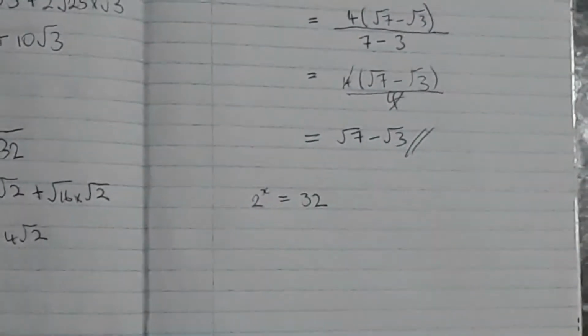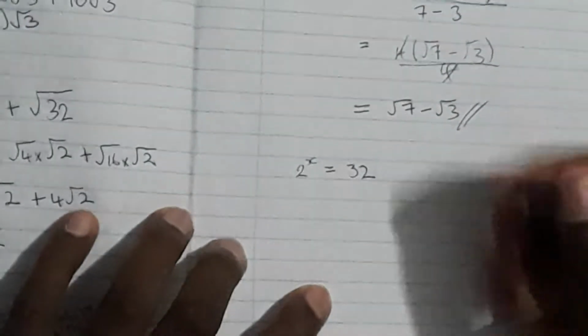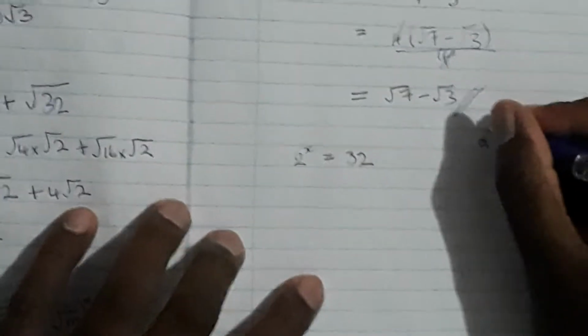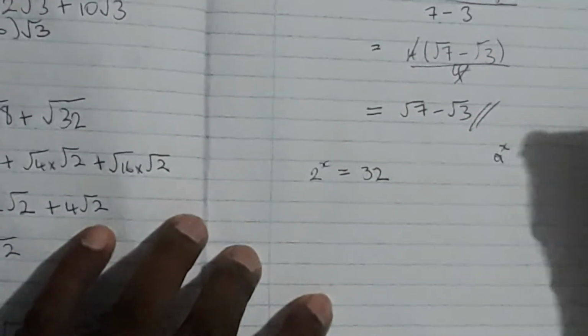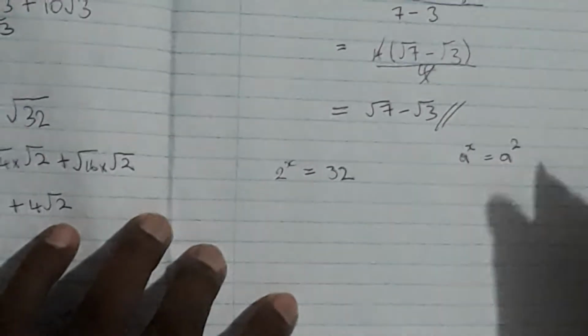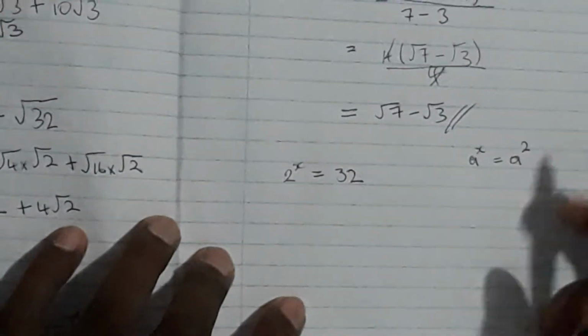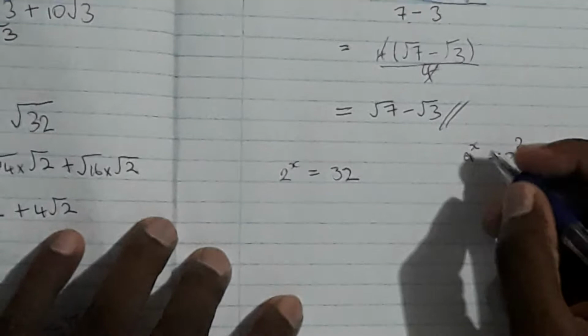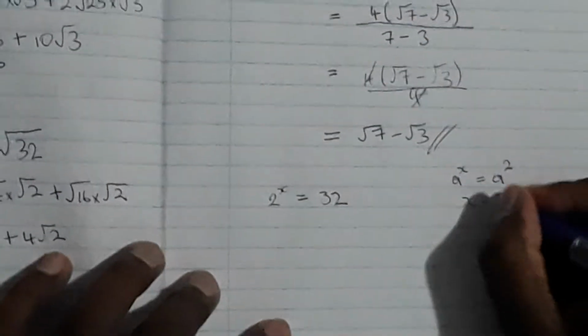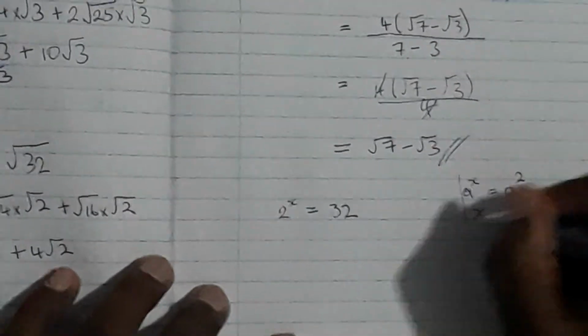So what we try to do here is, by using the law that states that if you have a to the x, for example, is equal to a squared, we can just equate the powers, because on each side of the equal sign the base is the same, so x will be equal to 2.